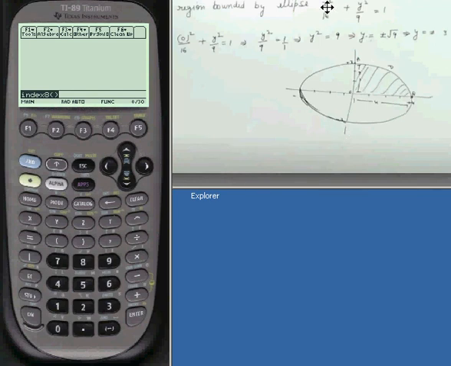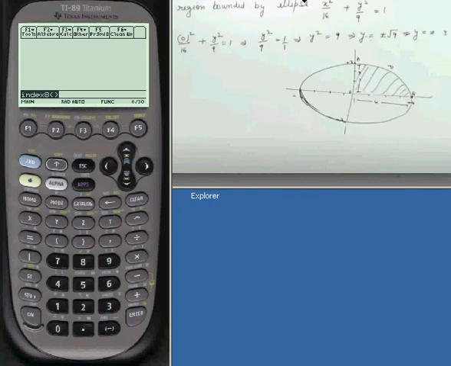Generally the equation is (x minus h) squared plus (y minus k) squared, and h and k is the center of the ellipse. In this case, it's x squared plus 0 plus y squared plus 0, so both of them are 0, and therefore the center is (0, 0).